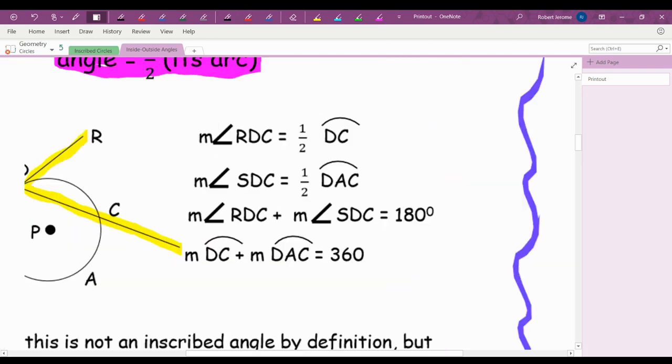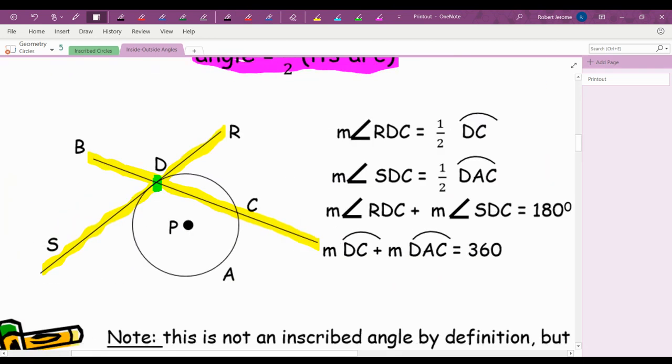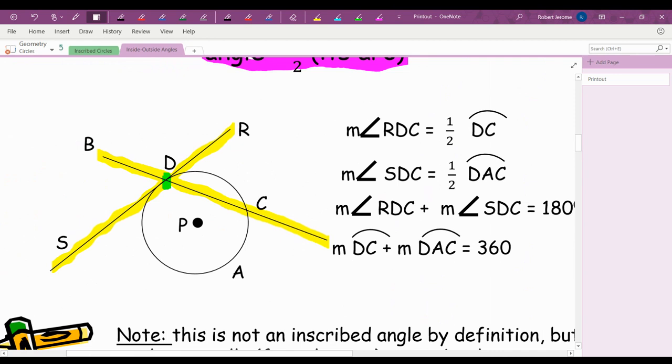In our example here, we're talking about angle RDC and its arc. Remember, the arc always lives inside the circle. So this looks a little weird, but that's the pairing of the angle and the arc. And we're going to say that the angle in red is equal to half of the arc in red.